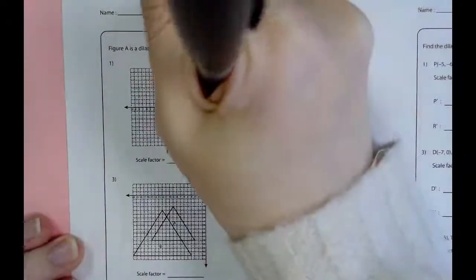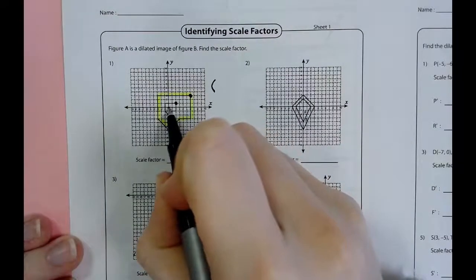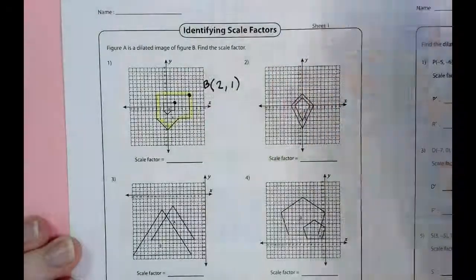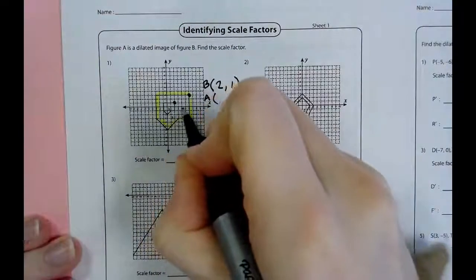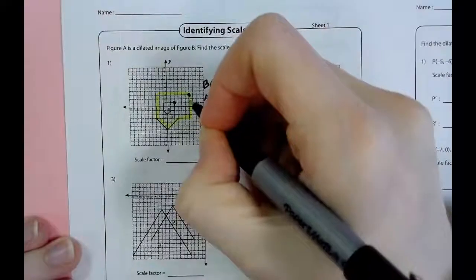So the first point is B here, so I'm going to start at my origin, and I'm going to go over 1, 2, up 1. So it's (2, 1). And that is for B, all right? Now for A, I go over 1, 2, 3, 4, 5, 6, up 1, 2, 3.